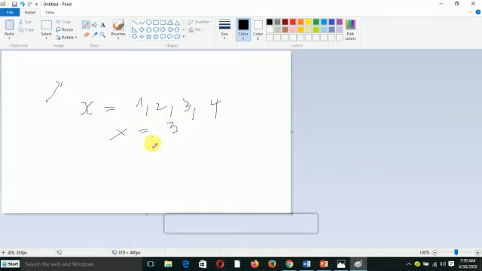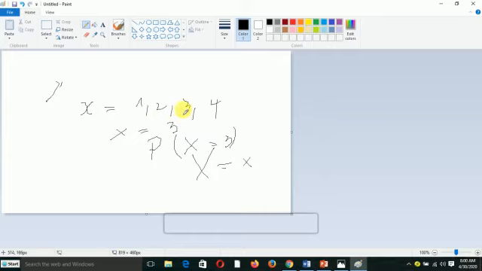So what is the probability that big X is equal to 3, or big X is equal to small x like this? I'm having big X like this: 1, 2, 3, 4.